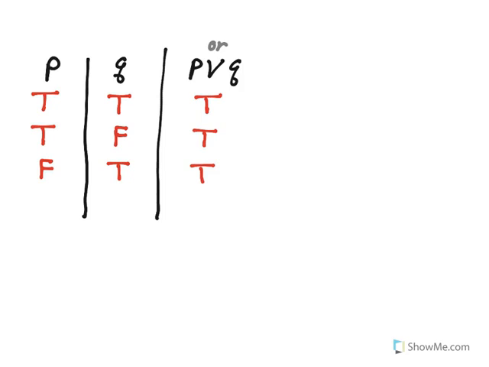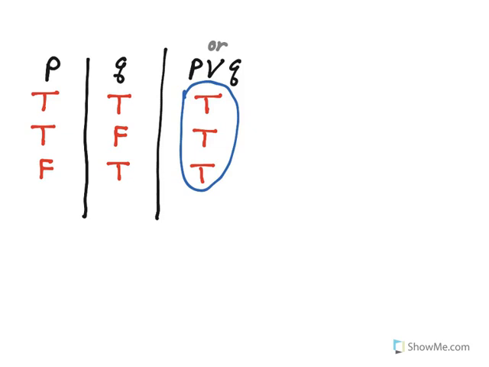And that's what you have to remember, is that an OR operator requires one of the statements to be true. So, the three combinations: true, true, true; true, false, true; false, true, true. You notice the third result here is all true, because one of these propositions in the first and second column would be true.